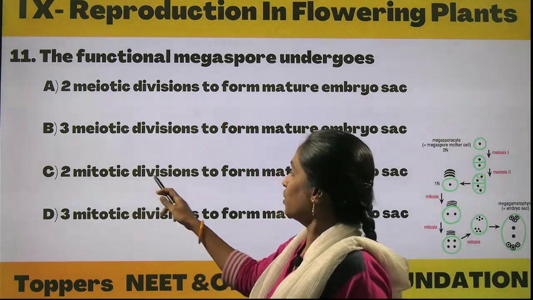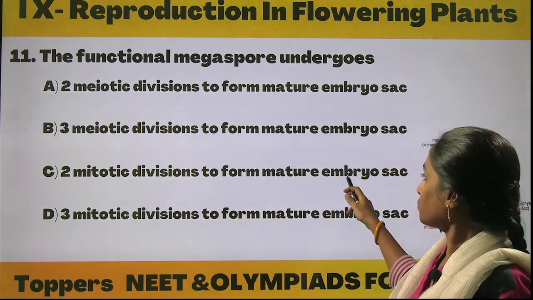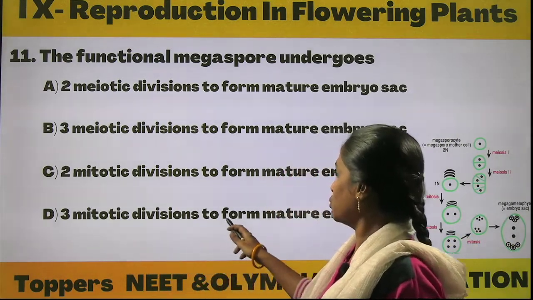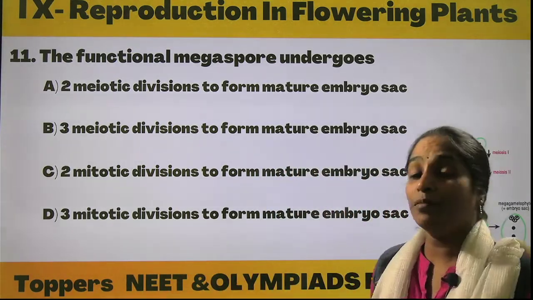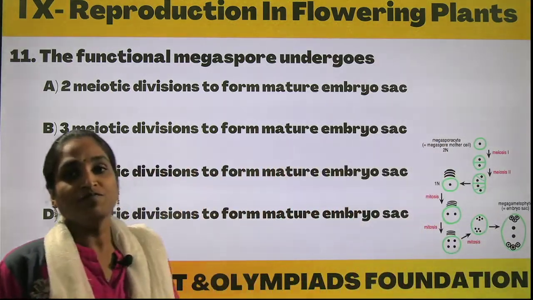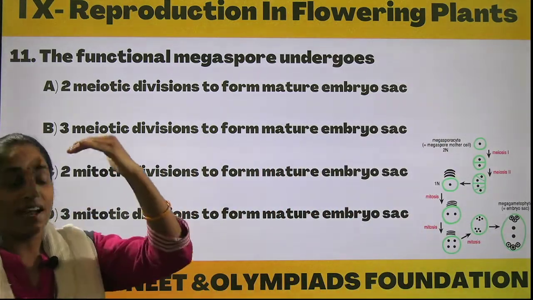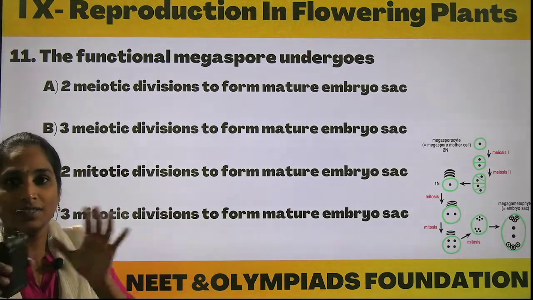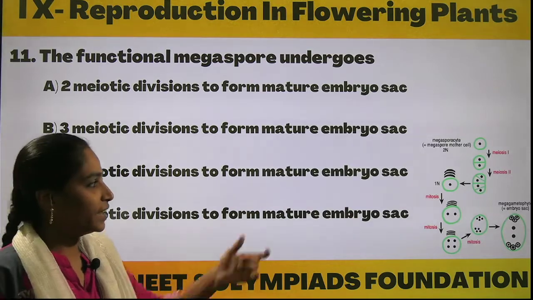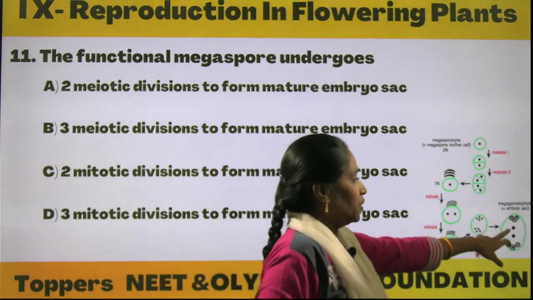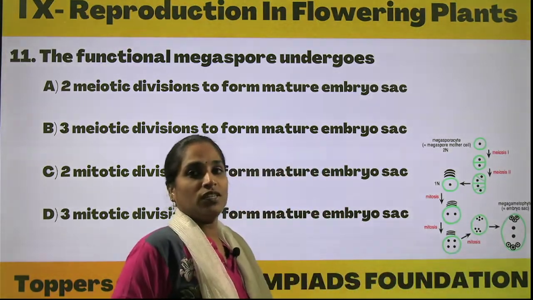Two meiotic divisions, 3 meiotic divisions, 2 mitotic divisions, or 3 mitotic divisions to form a mature embryo sac. Within the embryo sac we can observe the antipodals at the anterior region and synergids on either side of the egg cell, and exactly at the central part we can observe the central nuclei, nothing but the polar nuclei, the central cell.